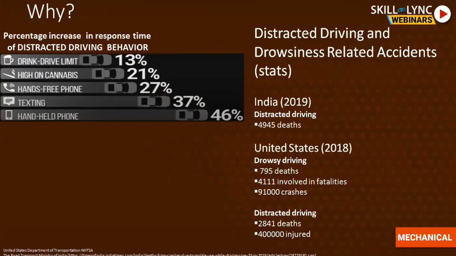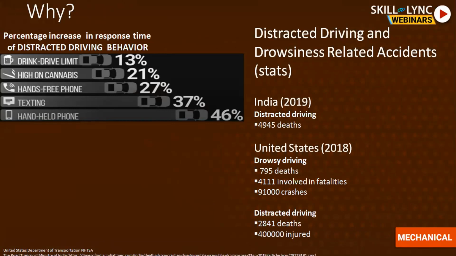I want to go over the why part, the need for the technology, so why we do what we do. Knowing this helps in the long run to answer several questions. The primary need for this technology came mainly because of what I show on the right-hand side here: distracted driving and drowsiness-related accidents.